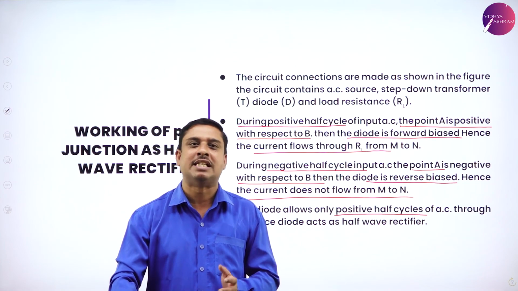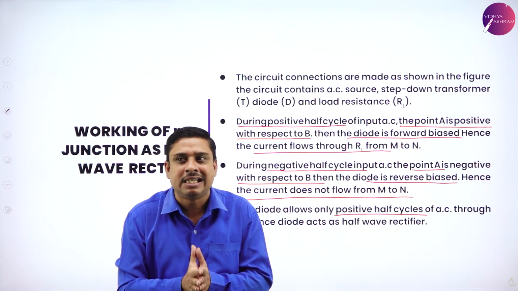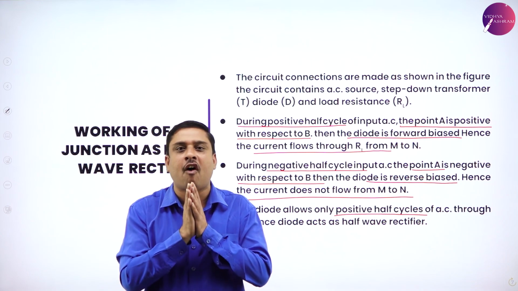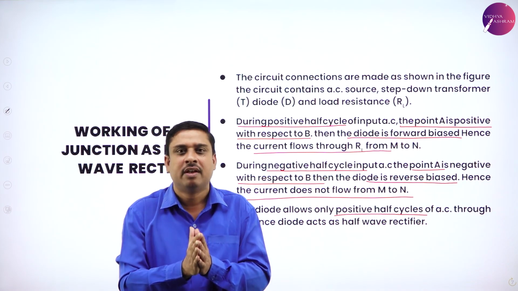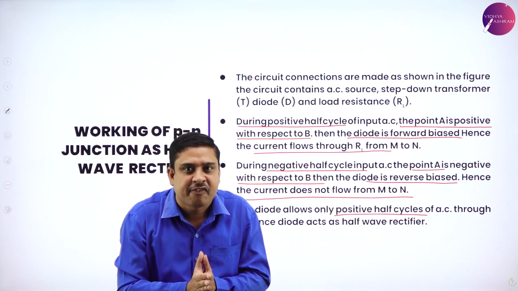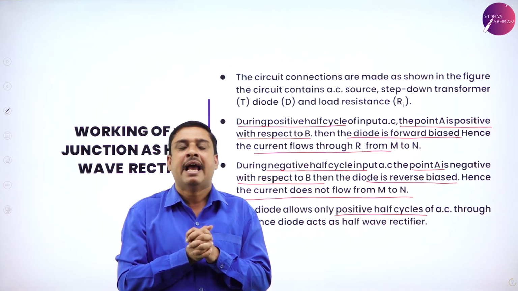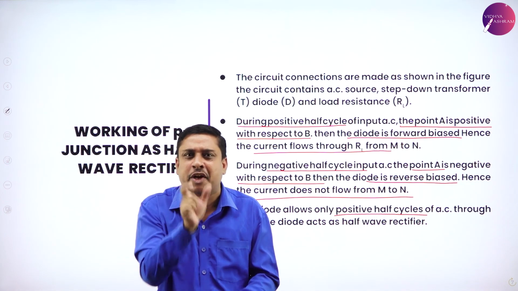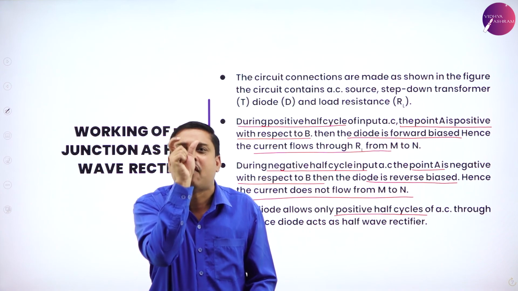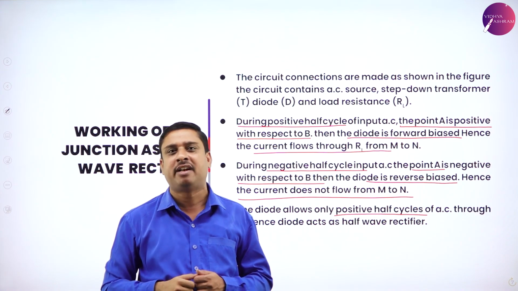So students, in today's class, we learned the action of a diode when it is forward biased. We learned what is rectification and the action of a diode as a half-wave rectifier. Only positive half cycles get rectified.